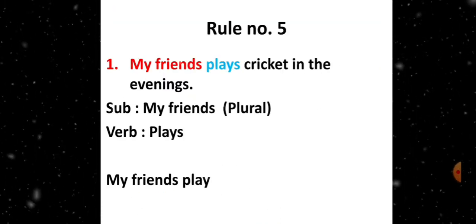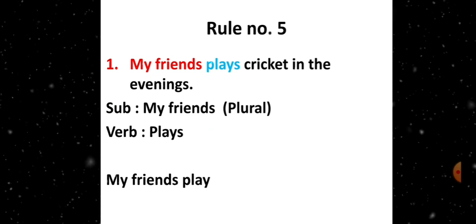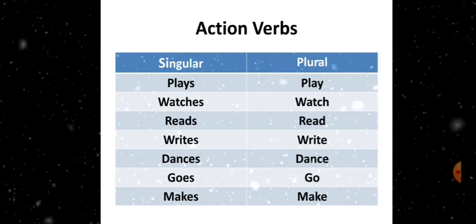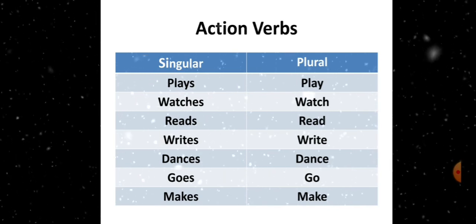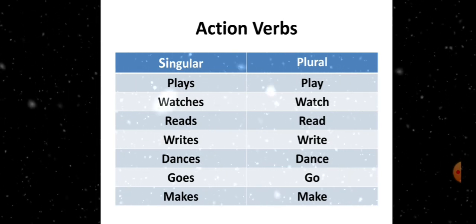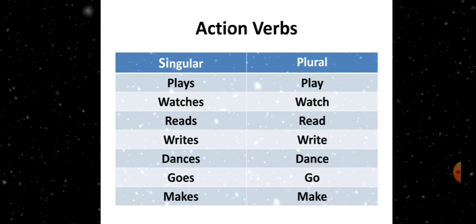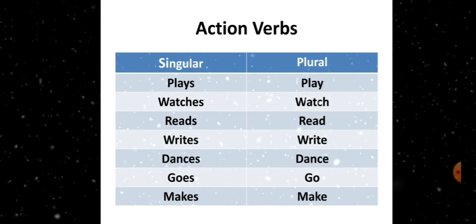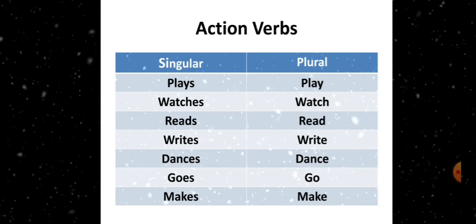And then point number 5 is action verbs do have singular and plural cases. The first form of all action verbs in general should be considered as plural, and to convert them into singulars we need to add s to the verb. Please remember these points, and this is subject verb agreement part 1, and I'll be giving you more rules in part 2.